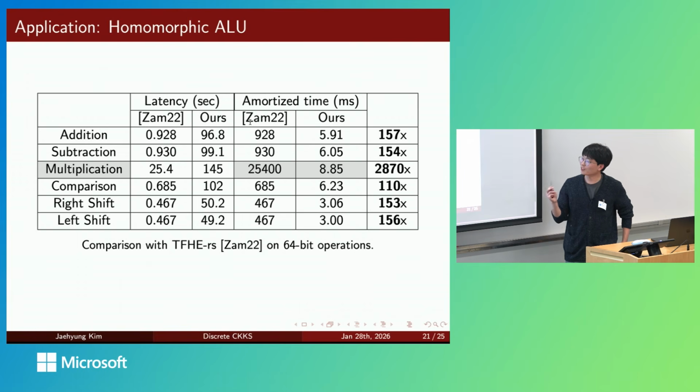So I would say intuitively it's like a comparison between CPU and GPU. Each GPU thread performs much poorer than a CPU thread, but it has many threads, so the amortized latency is always better. It depends on the application, right? If the application allows you to vectorize the computation, then CKKS would be superior because you don't care about the latency much.